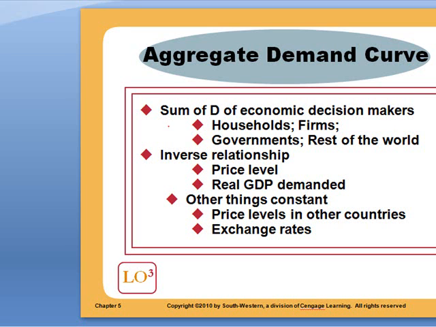When you're looking at the sum of demand, the sum of demand of an economic decision maker, on the macro level what you're looking at is the household. These are consumers. This is you and I. This is how much money, how many goods and services that we consume. And if you'll recall, the household is going to be pretty significant because consumption makes up about two-thirds of real GDP.